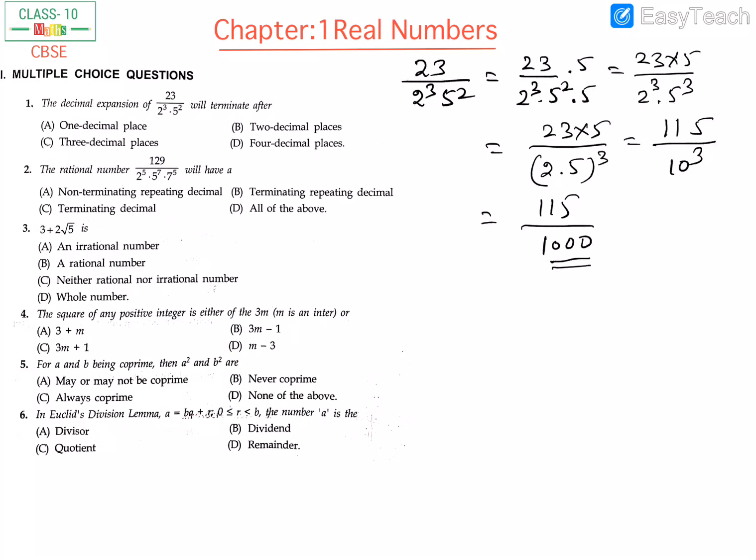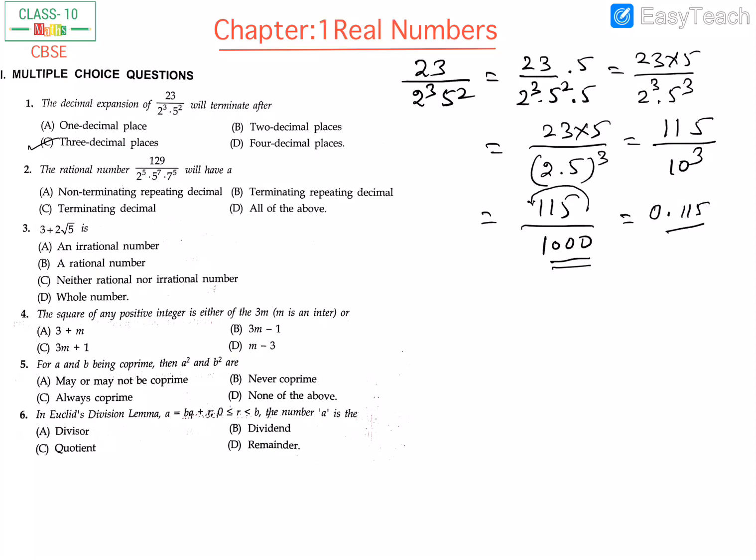Since here there are 3 zeros, the decimal will move 3 places towards the left side. So its answer will be 0.115. It means our answer is option C. The decimal expansion of 23 upon 2 cube into 5 square will terminate after 3 decimal places, as seen from here.